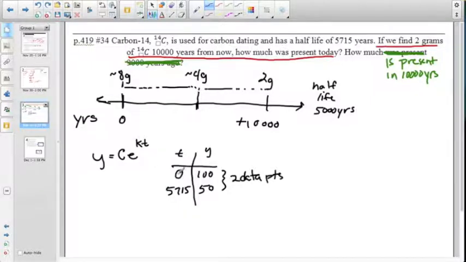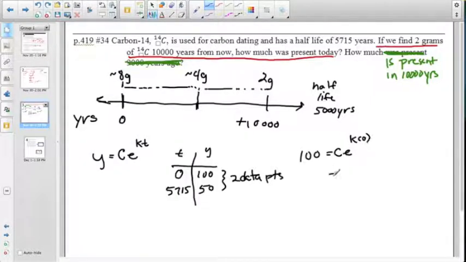And the nice thing is it doesn't matter what values you use for y, it's just that when you begin you have to have twice as much as whatever you have at the end of that half-life. So if we put these numbers into this expression, we can start with this initial condition of 100 equals Ce^(k times 0).